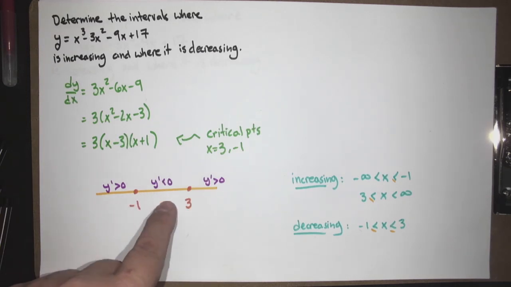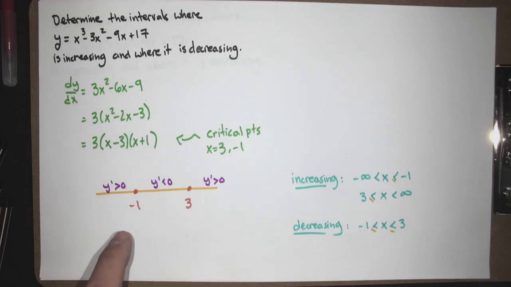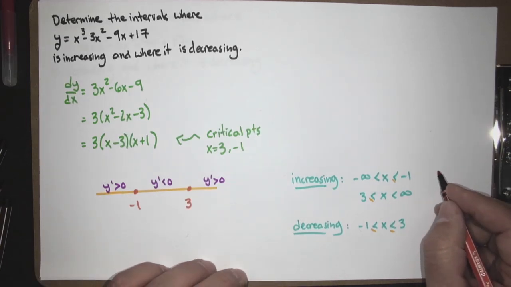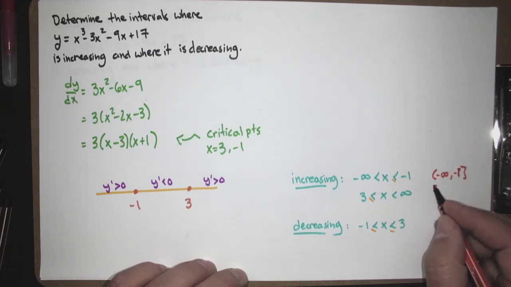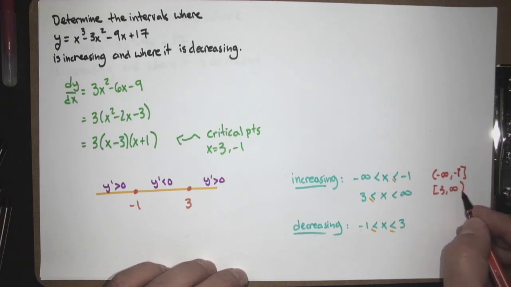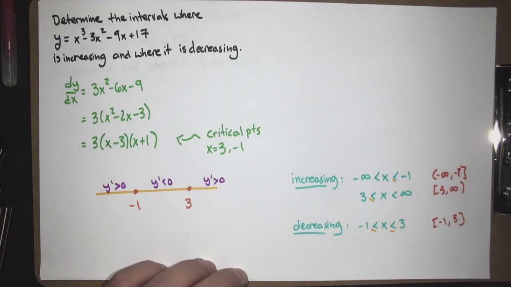It's positive, then negative, then positive. So it's increasing from -infinity up to -1, or for all those people who love other notation, we'll write the other notation. And then from 3 up to infinity. And then it is decreasing in the interval from -1 up to 3.